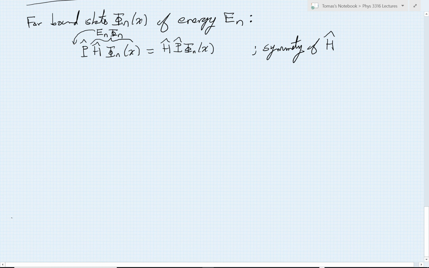So this gives me the next statement that I can make, which is that En multiplying P hat applied to phi n of x is in fact the Hamiltonian applied to the parity operator applied to phi n of x. What allowed me to make this next statement was the fact that phi n is a bound state.